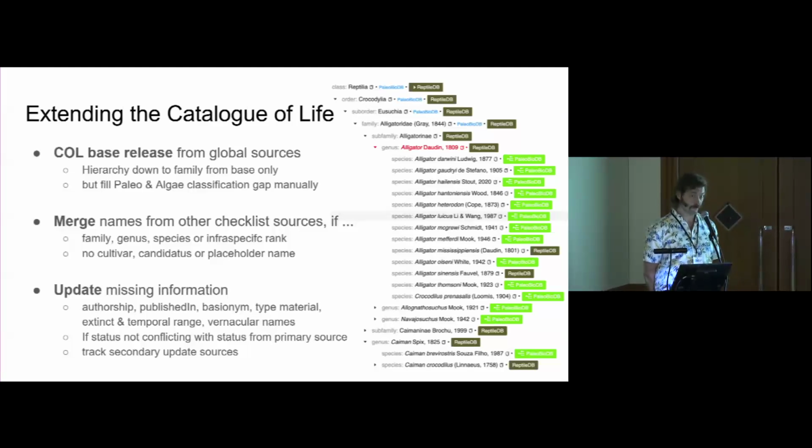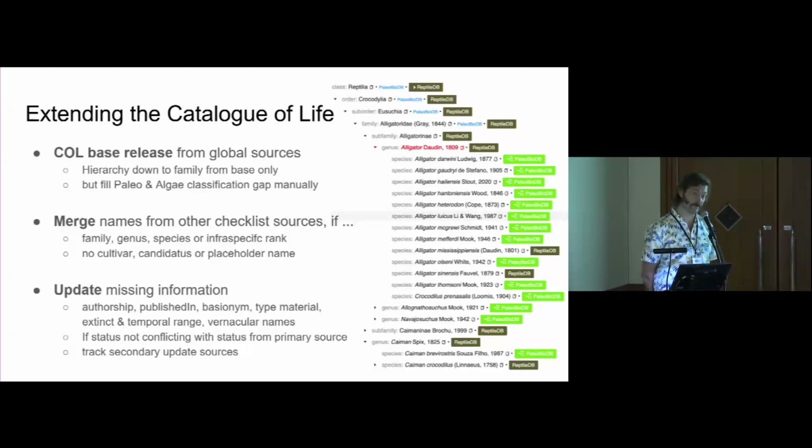So we do a manual classification there as well to give some backbone skeleton, basically, that we can then match other species to. The second thing is we do not only insert new names, but we also update names in case the information that we are provided with is very minimal. So we have especially genera that do not even have an authorship.